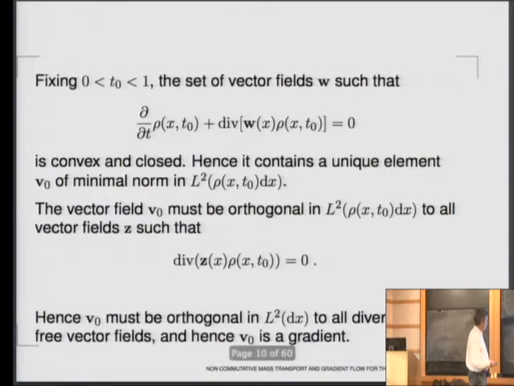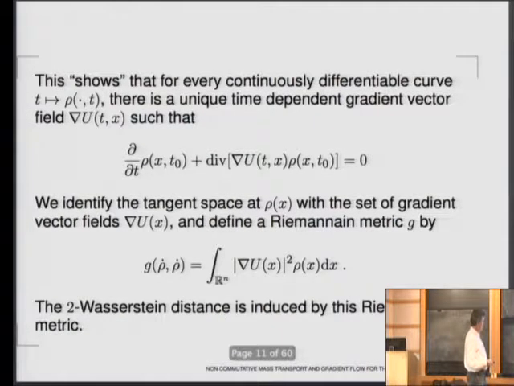So this is the usual thing. You claim every curve in the space of densities is generated by a gradient vector. Exactly. Therefore, the gradient vector fields are tangent vectors. Right. Kind of manifold of densities. And then you put this length on them, which has the rho built in. If you left this thing out, you'd get an H^-1 norm, effectively, for the distances. This is not 19th century. This was only done a few years ago.